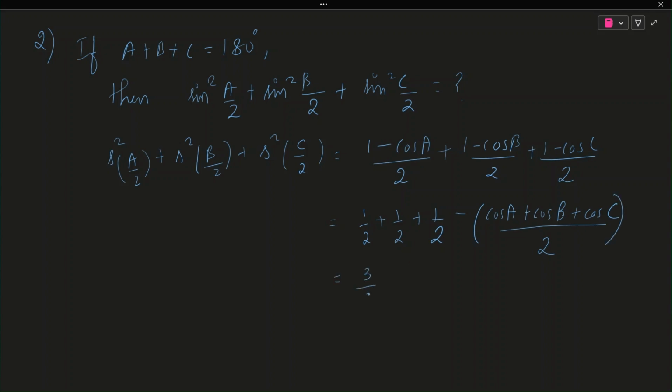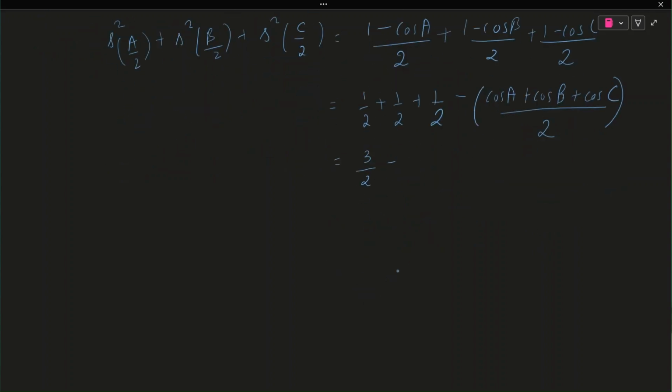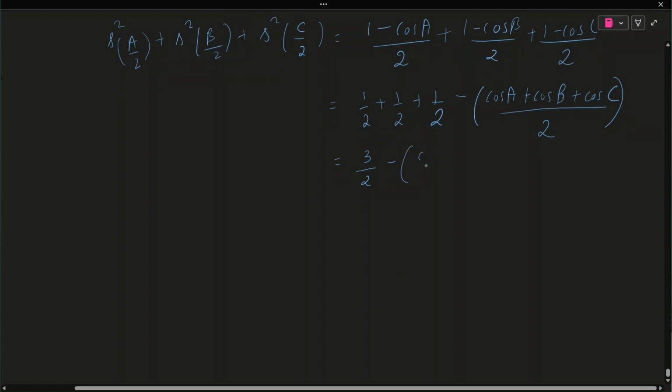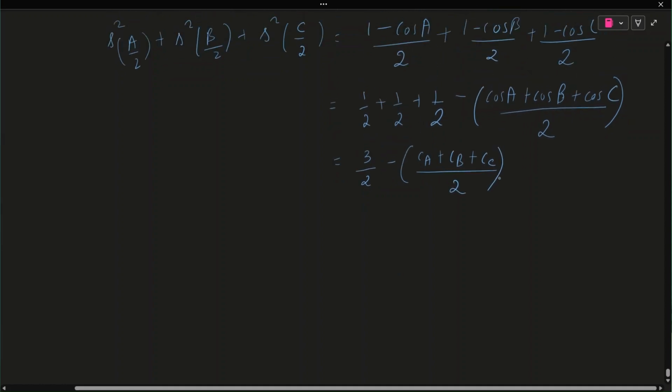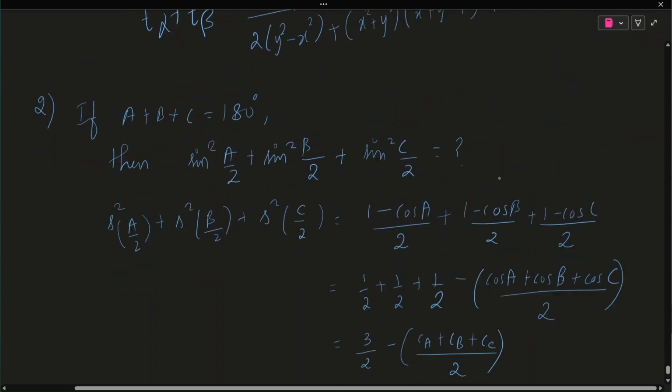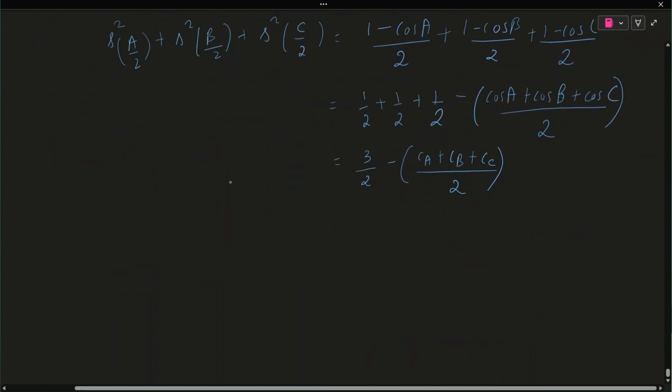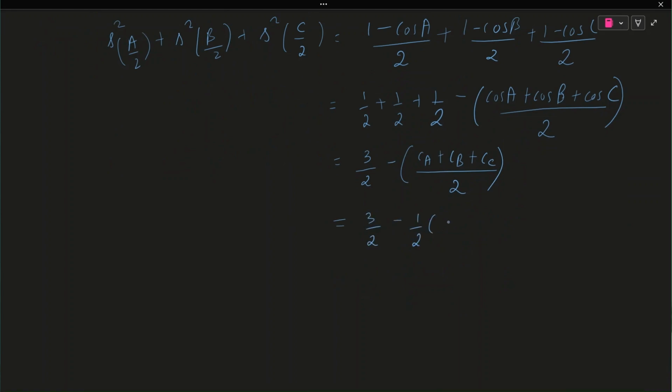So we would get 3 by 2 minus cos A plus cos B plus cos C by 2. This is what we would get, 3 by 2 minus 1 by 2 of cos A plus cos B plus cos C.